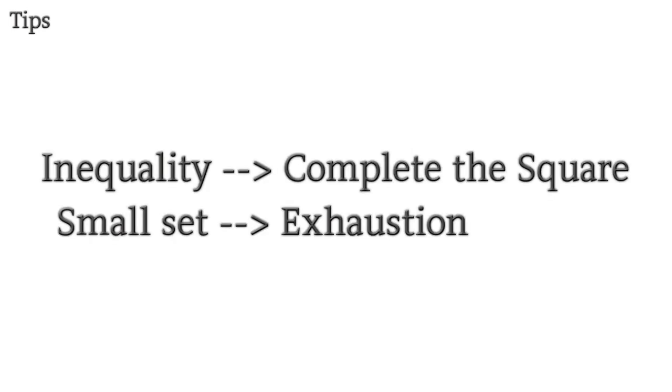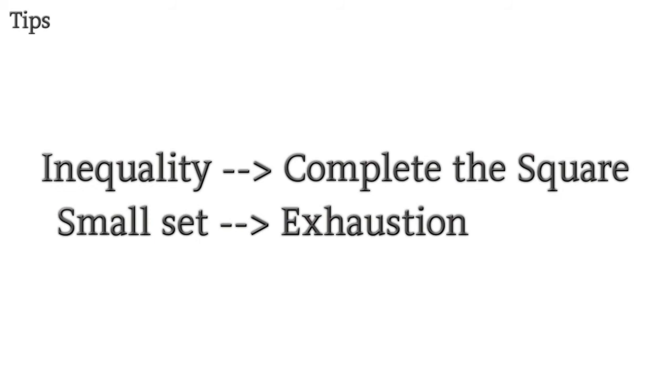When we talk about proofs, it really comes down to experience, and the more proofs you've seen, the easier it gets. One thing that is very useful to note is that when you see an inequality sign, greater than or less than, it often means that you want to complete the square.